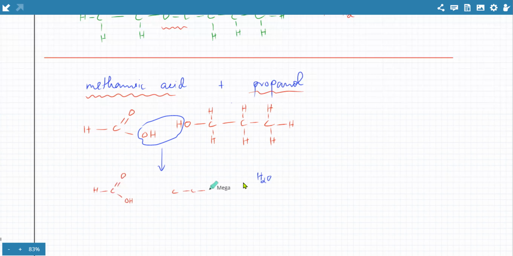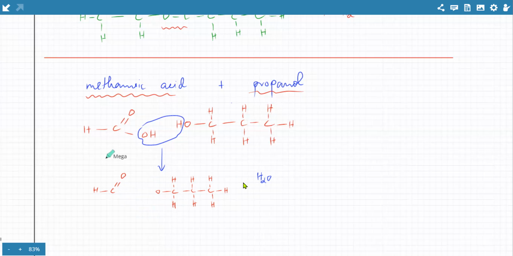And the other one was, you can draw the whole thing again except for this part, which is that the OH and the H are going to be lost, as I stated earlier. So remove that part.